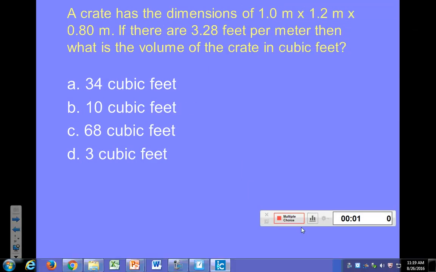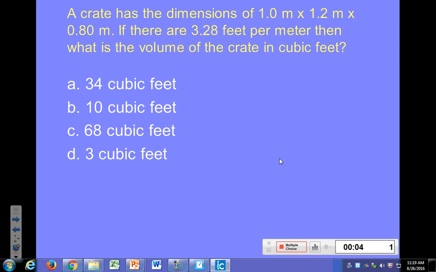All right, here you have a 1 by 1.2 by 0.8 meter crate, and I want to know what is the volume in cubic feet. Try doing this without your calculator. You can use your calculator, but you can probably do it without it too, by just rounding off numbers.